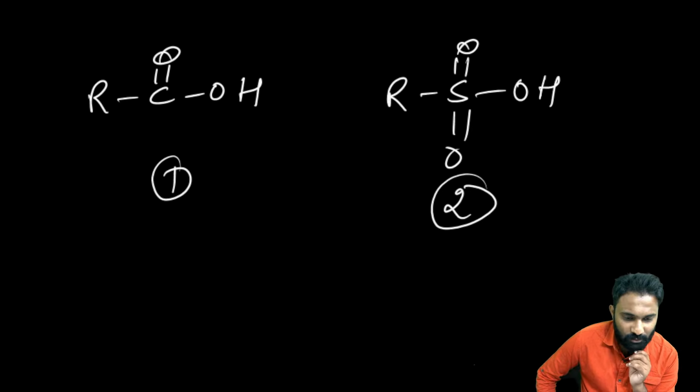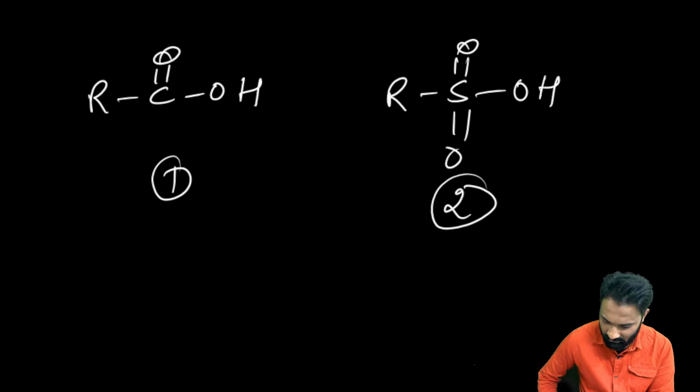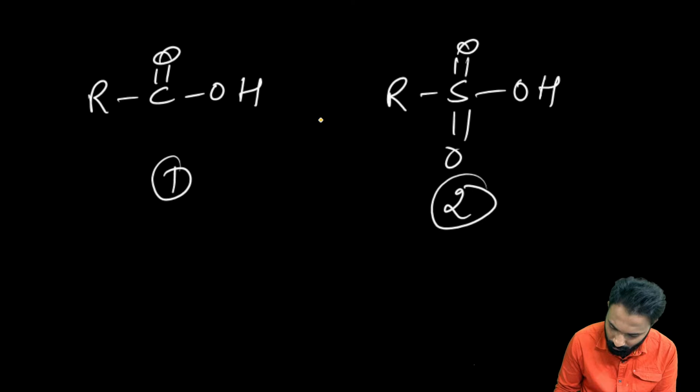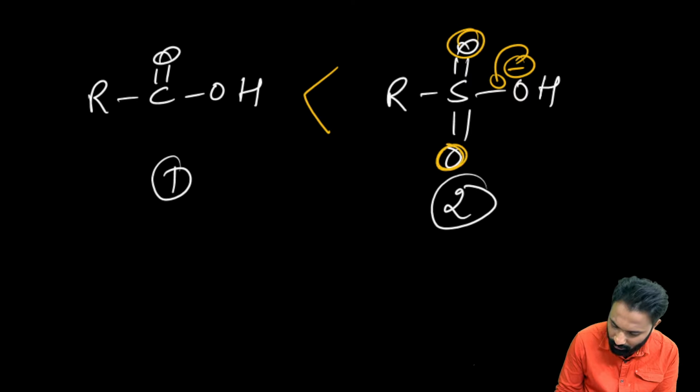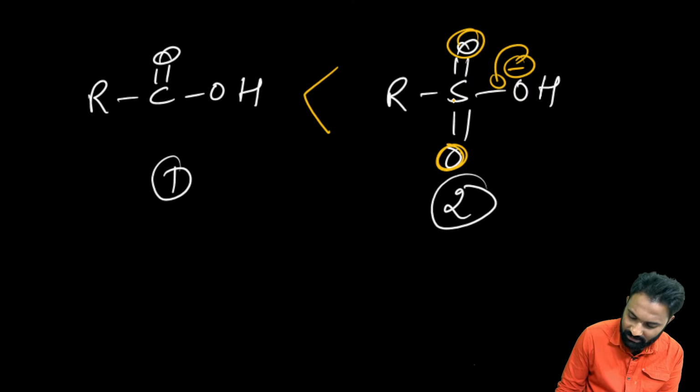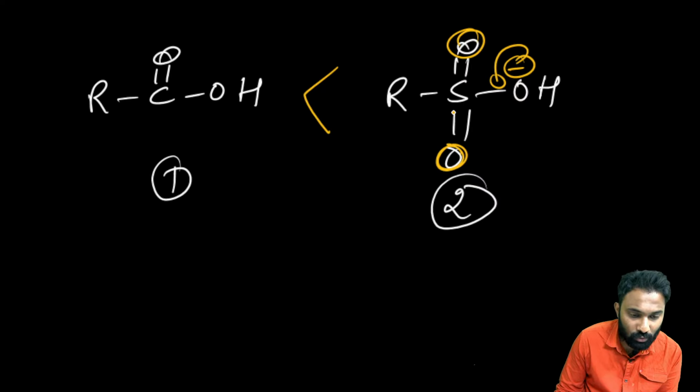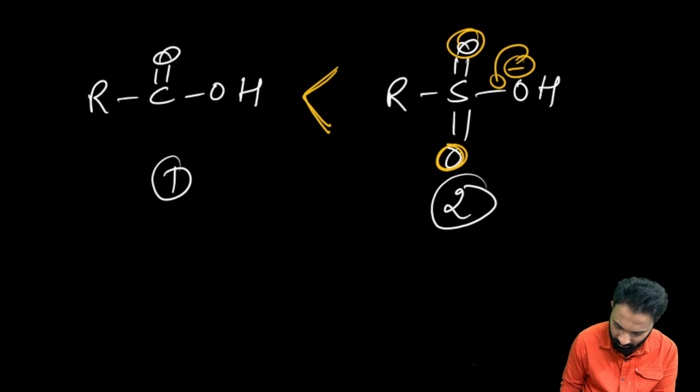Among the 1 and 2, 2 is more acidic. Why? Because this oxygen can be stabilized by two more electronegative oxygens. So among the 1 and 2, 2 is more acidic. Okay.